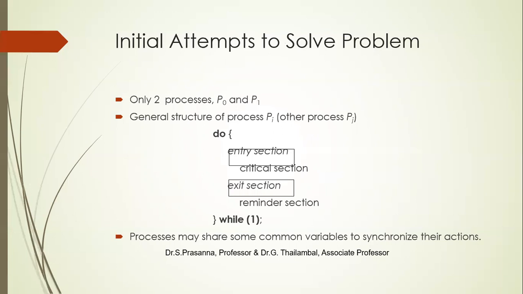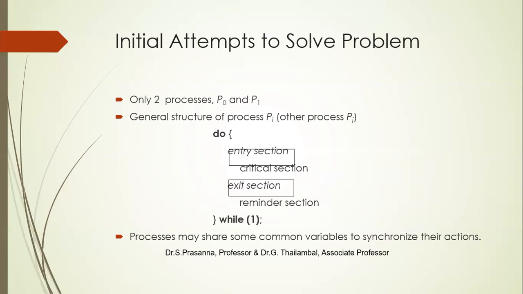Every process should enter into the exit section and remainder section in order to complete its process. Even though it has accessed the shared data in the critical section, the remainder sections must also be completed. Then only can you allow the process to go out of the critical section. This happens for each and every process.